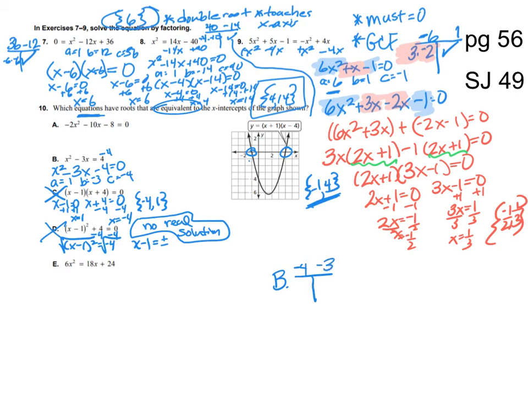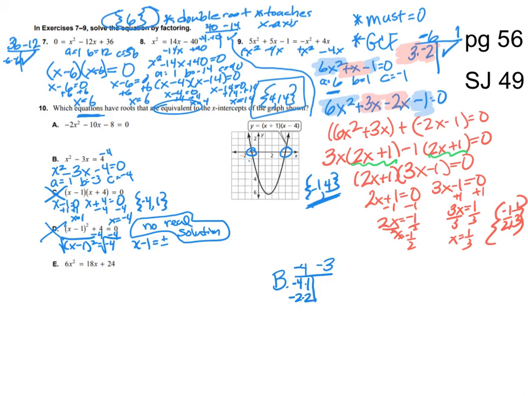I want to multiply and get a negative. That means a negative times a positive. I want to add and get a negative, so that means my negative number needs to be larger in order to get a negative sum. So the only options I have are -4 and +1, or -2 and +2.